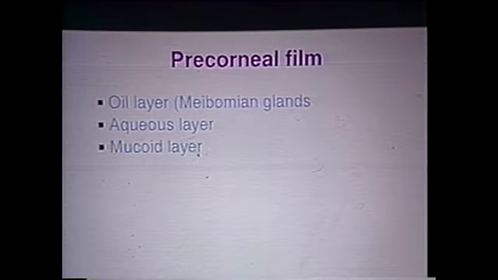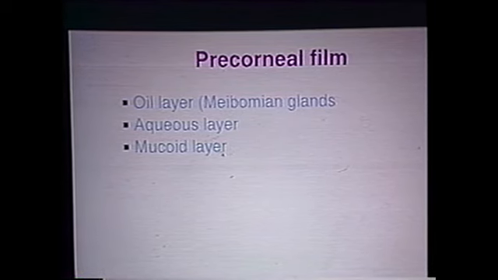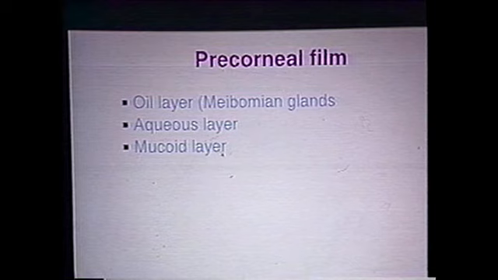The precorneal film, as we've said, is extremely important with regard to the nutrition and oxygenation of the cornea, and it consists of three layers: an oily layer on the outside, an internal aqueous layer which forms the bulk of it and is produced by the lacrimal glands, and an internal mucoid layer.